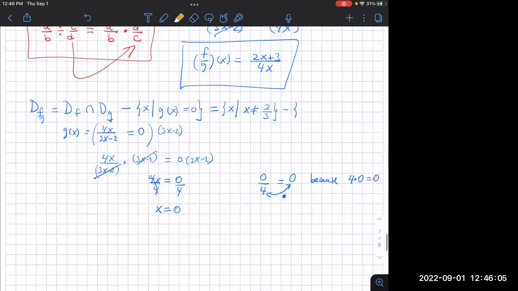I have one question. Yes. You know how we multiplied both sides by 3x minus 2? Wouldn't that instantly get rid of the bottom fraction of 3x minus 2 and then keep the one that we just multiplied? Yeah, that's how we got the 4x.